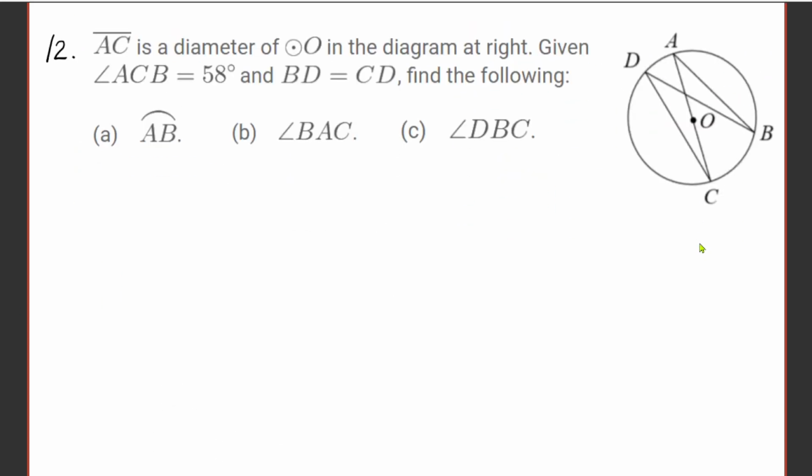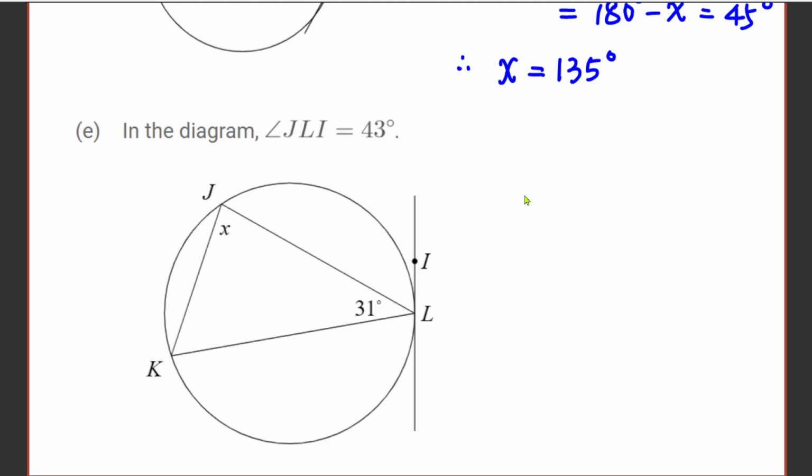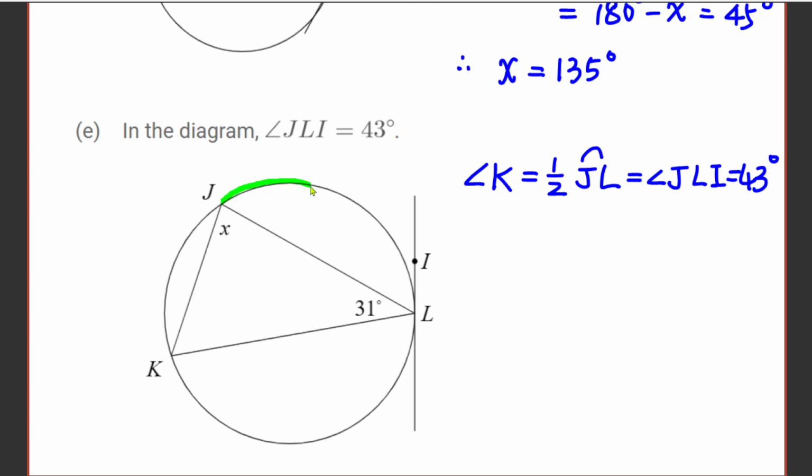Okay, if no questions, let's consider the last one of question 11. So here we have angle K can be given by a half of the arc JL, which equals angle JLI, which is 43 degrees, right? Because angles K and JLI are inscribed in the same arc, which is this arc here.